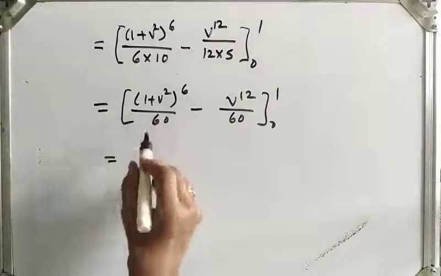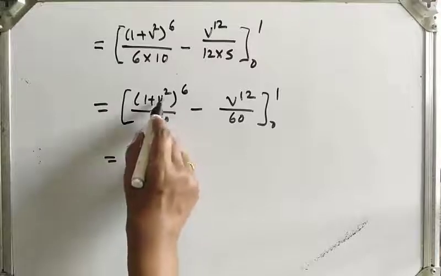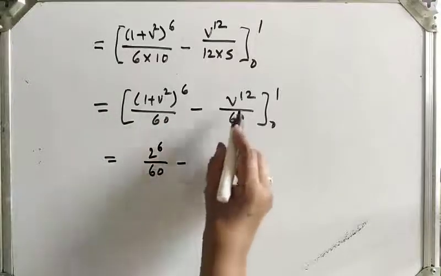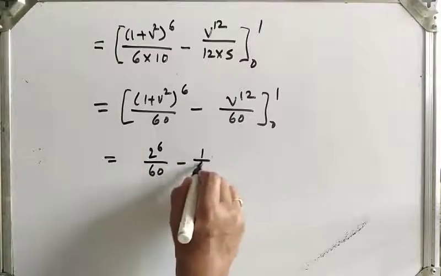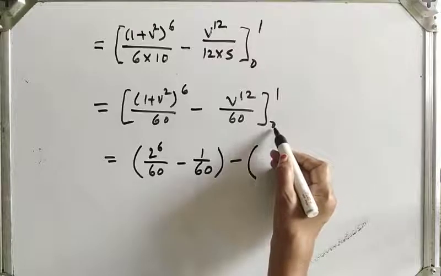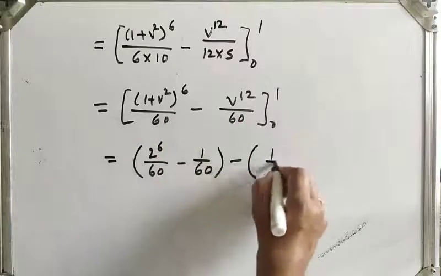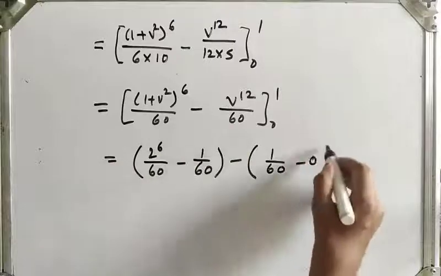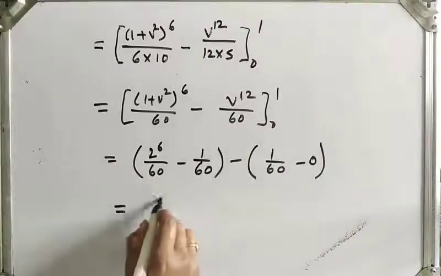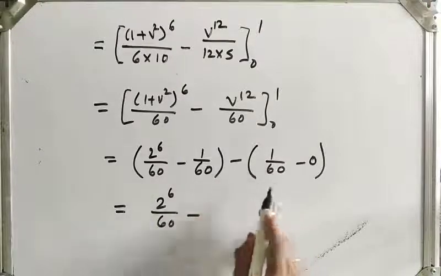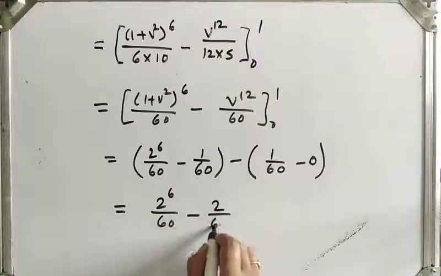Upper limit is 1, so 2 raised to 6 upon 60 minus 1 upon 60, minus, put 0 in place of v, that will be 1 upon 60 minus 0. So it is 2 raised to 6 upon 60 minus 1 upon 60 minus 1 upon 60, that is 2 upon 60.